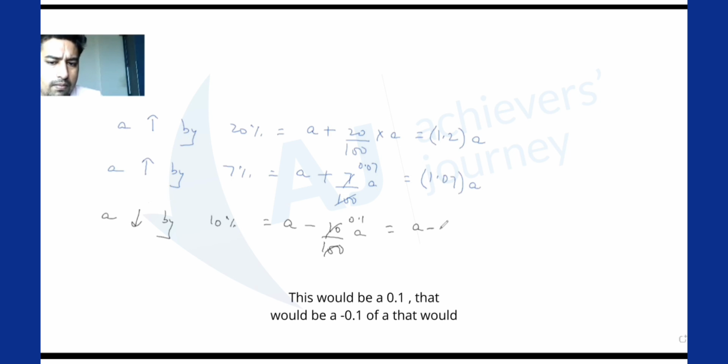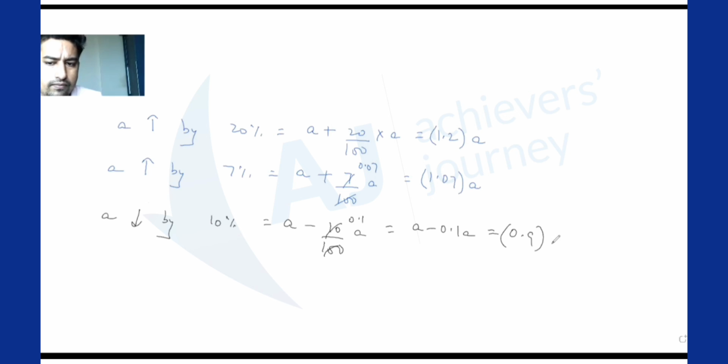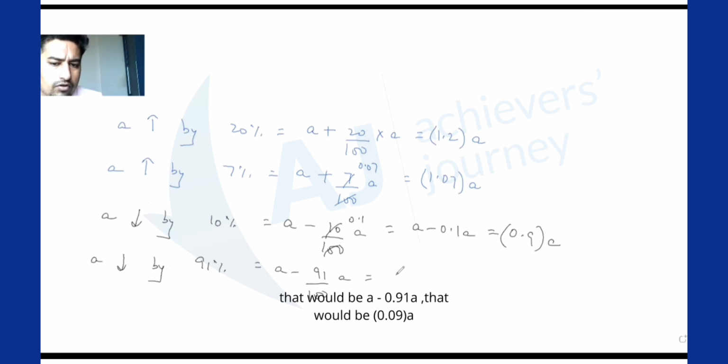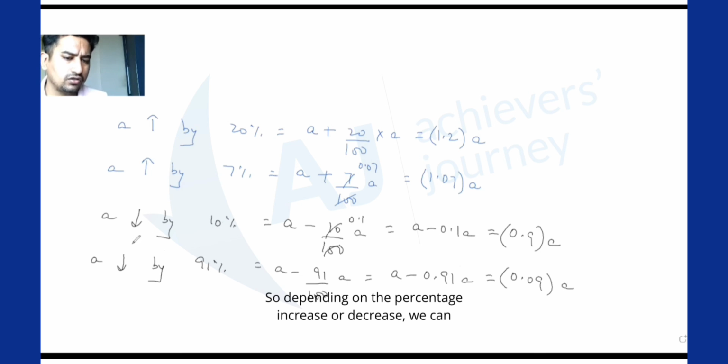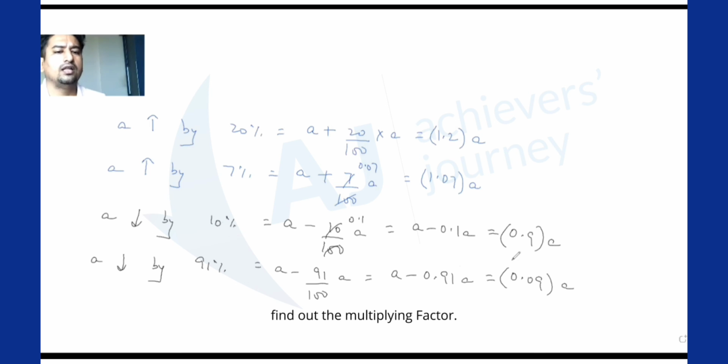That would be A minus 0.1 of A. That would be 0.9 of A. Same way, if A decreases by, let's say, 91%, that would be A minus 91 by 100 of A. That would be A minus 0.91 A. That would be 0.09 A. Correct? So depending on the percentage increase or decrease, we can find out the multiplying factor.